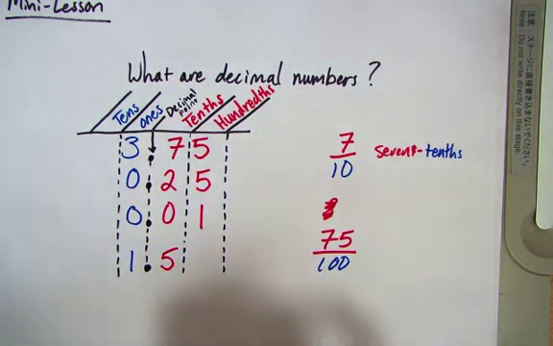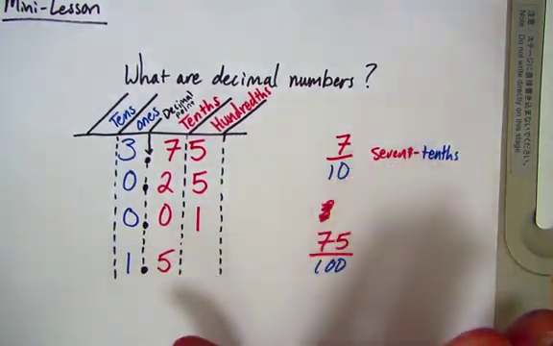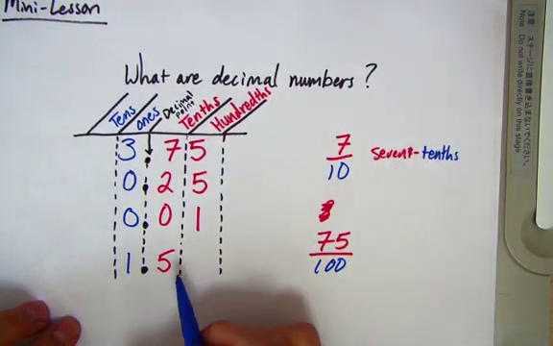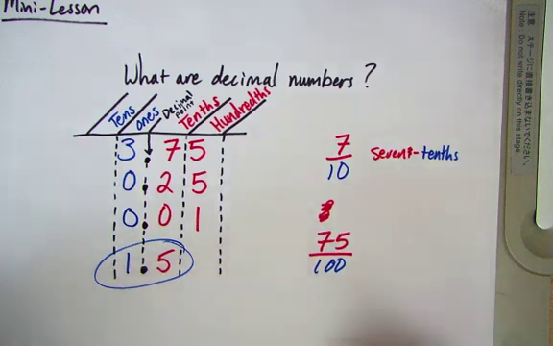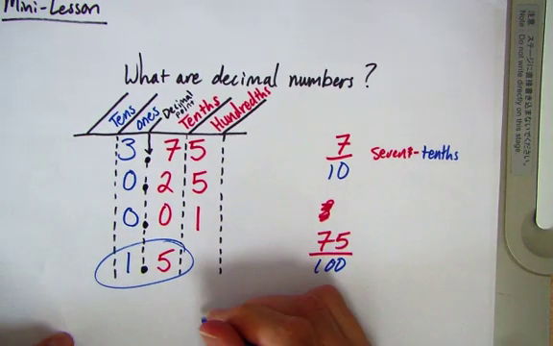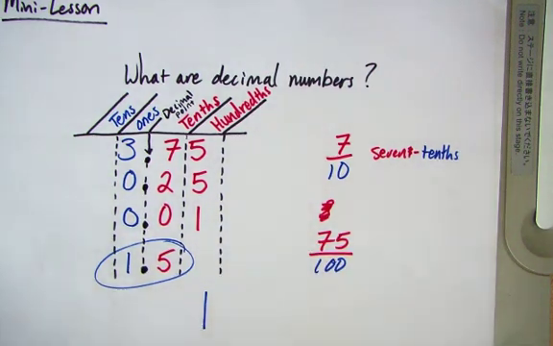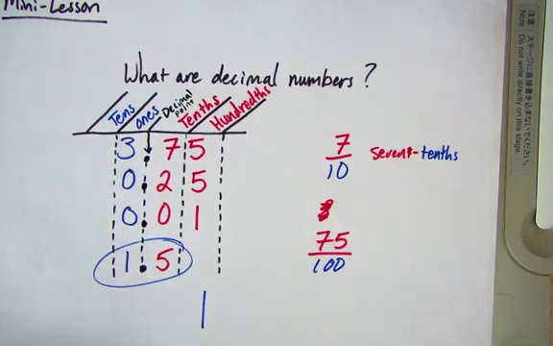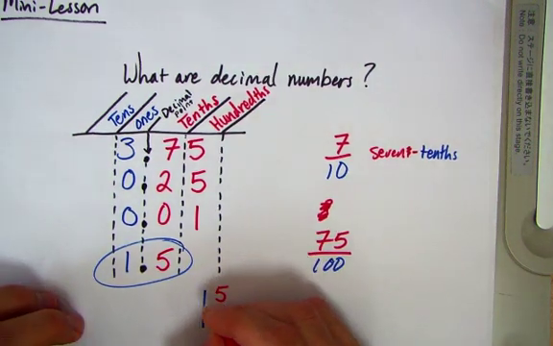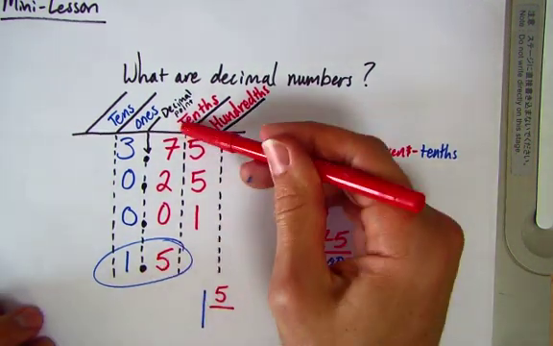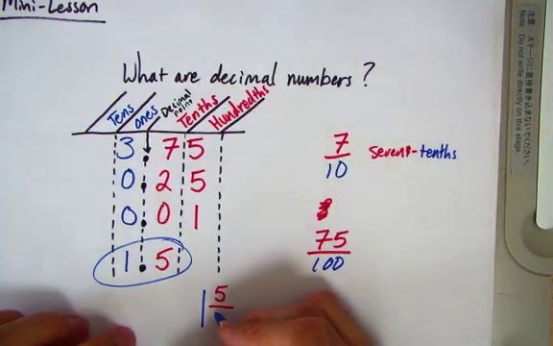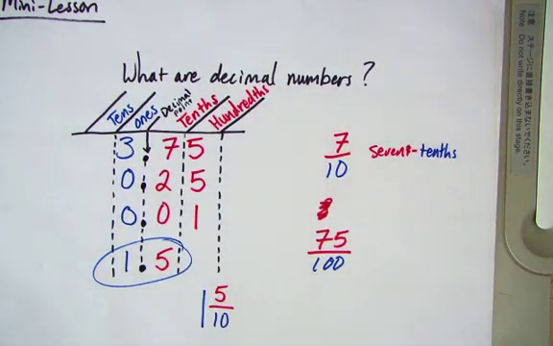Oh, one more thing. Sorry. Just a connection to mixed numbers. Look at this really quick. Is there a mixed number there? Yes, there is. I have one whole, and look at the fraction part. Look at the fraction part. 5. How do you say it? Tenths. Oh no, here we go. Tenths. Okay. That's about it.